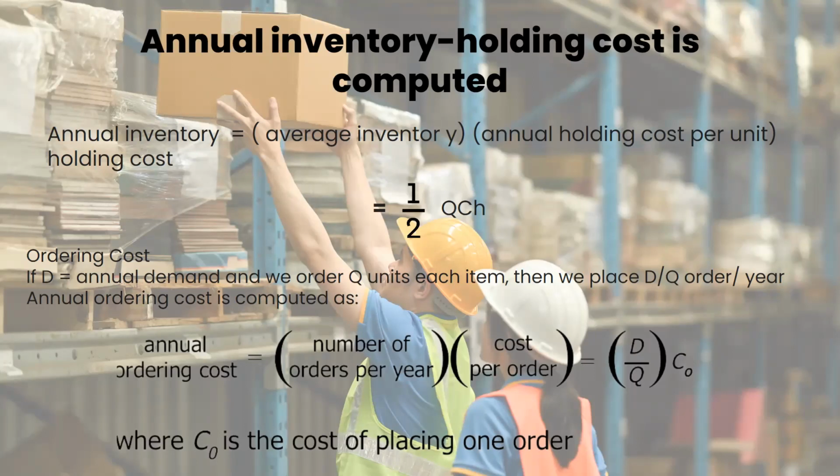Annual ordering cost equals number of orders per year times cost per order, equals annual demand divided by the order quantity. Next po.